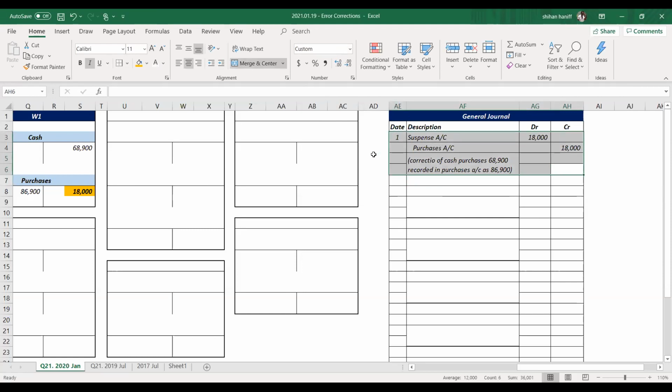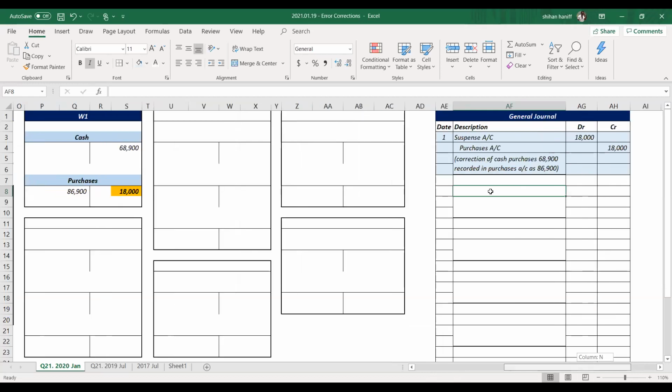So that's the double entry. Correction of cash purchases 68,900 recorded in purchases account as 86,900. Working number.